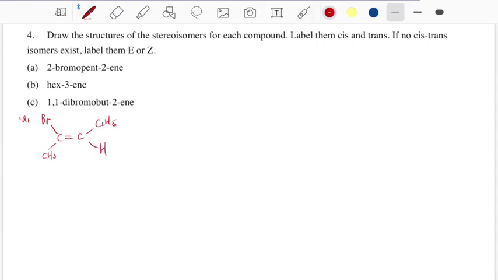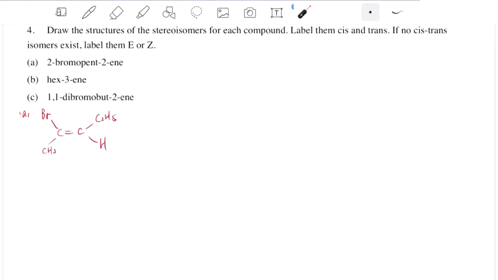Then we just fill in the rest. It should have a hydrogen attached to it. For this molecule, you should notice that there are no identical groups or atoms that appear on both sides of the double bond, so it's not a cis or trans isomer. Then we need to consider whether it's E or Z. If we separate into 2 halves, on the left hand side we compare bromine with carbon.